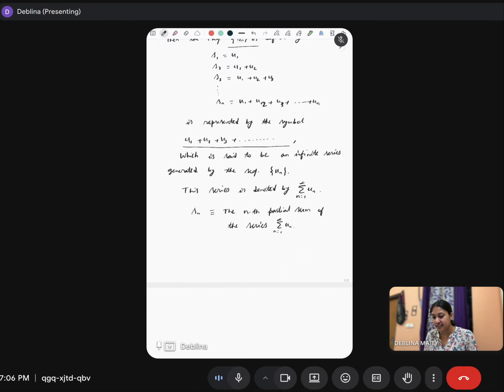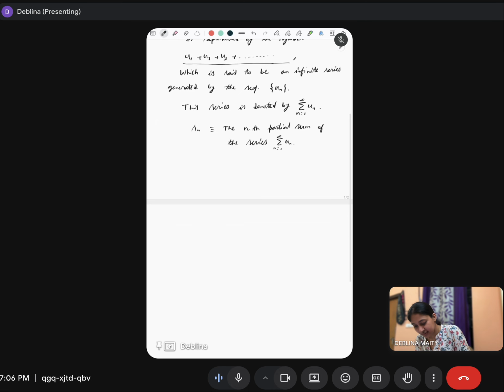Now this infinite series, summation Un, is said to be convergent or divergent according as the sequence Sn is convergent or divergent.